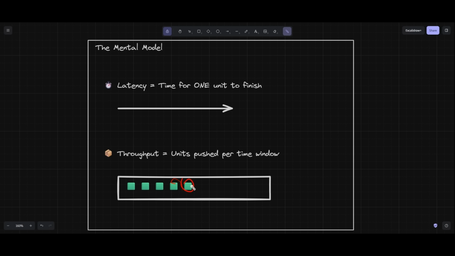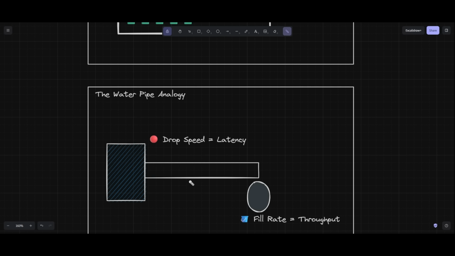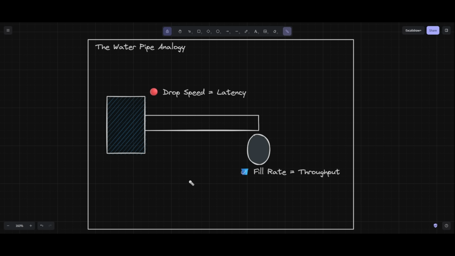Okay, definitions are fine, but I always like to ground this in something physical, because computer networks are basically just plumbing, right? They literally are just pipes sending little pulses of electricity or light. So let's think about a physical water pipe, right? Imagine you have a pipe connecting, let's say, a water tank to your house.